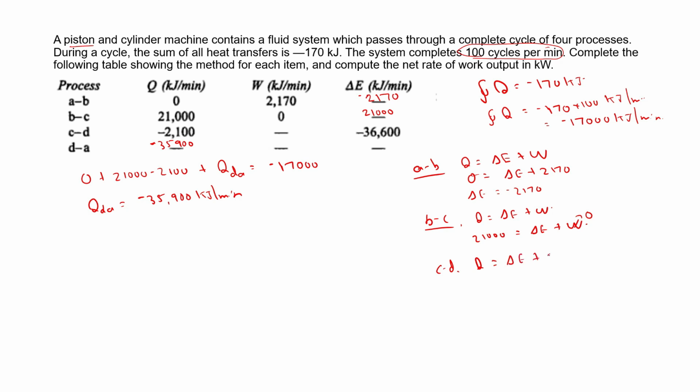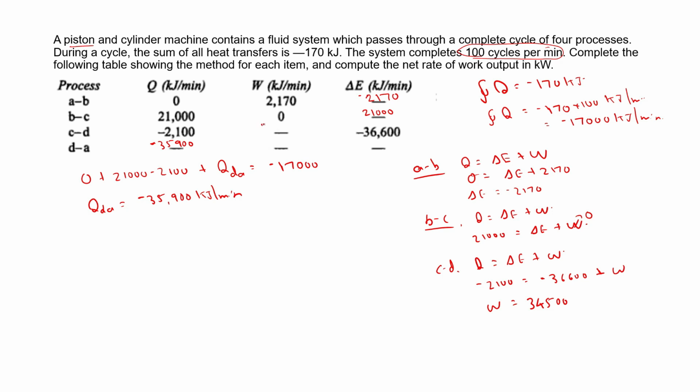Q is equal to delta E plus W. So Q is minus 2100 is equal to delta E is minus 36,600 plus W. So W is equal to 34,500.